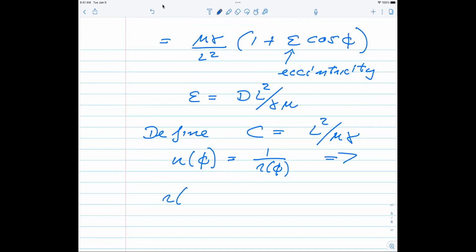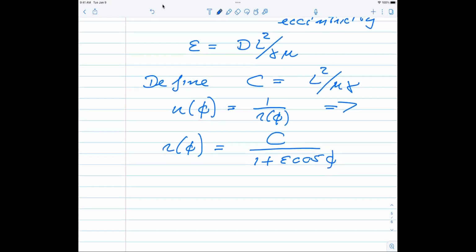I can rewrite r of phi, which is what I wanted, as this constant c, which contains the angular momentum, the gravitational constant, the masses of the objects if we're doing gravitational forces, and the reduced mass, divided by 1 plus epsilon times cosine of phi. So this is a solution, actually.